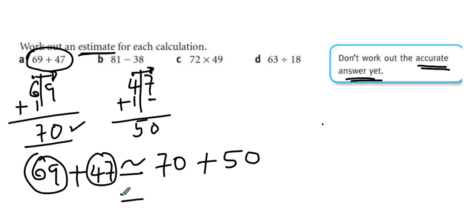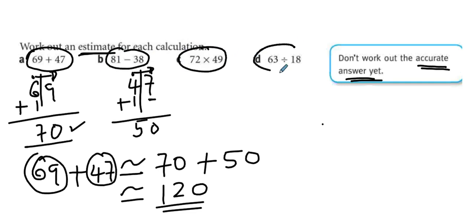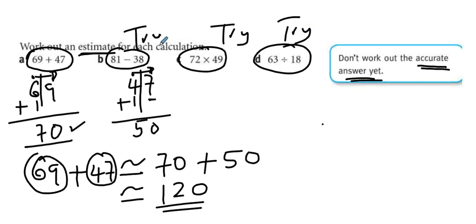So this will be approximately equal to 70 plus 50 is 120. See that? So you can try this. You can also try that. Try this. Try that. Simple.